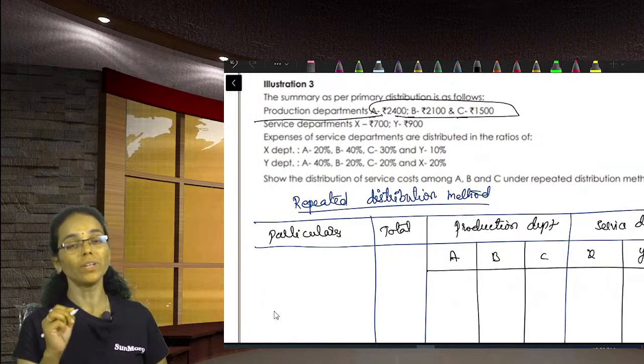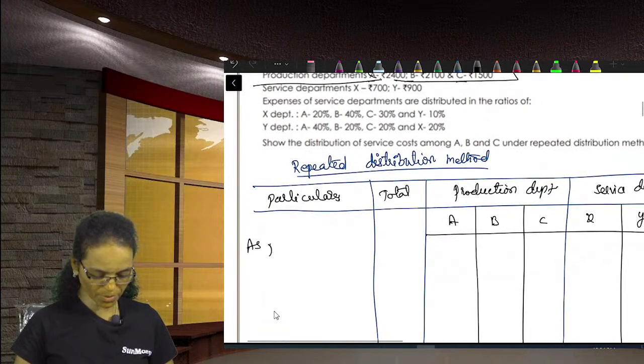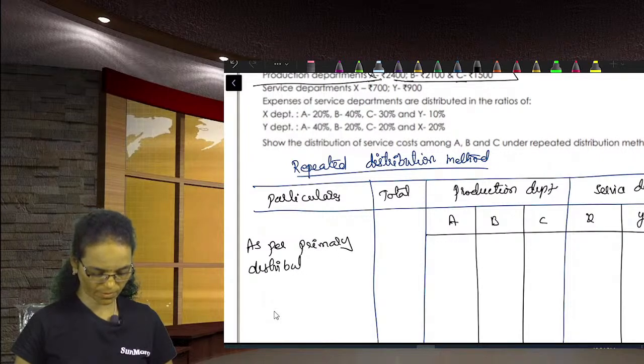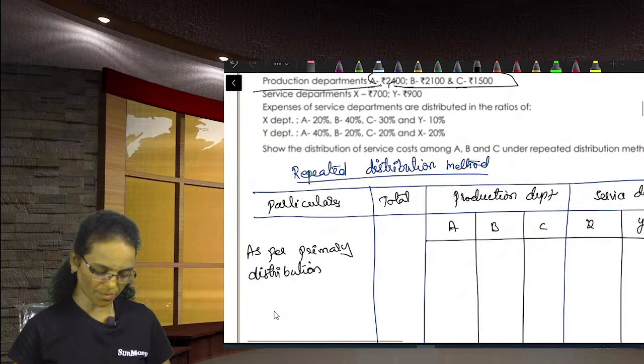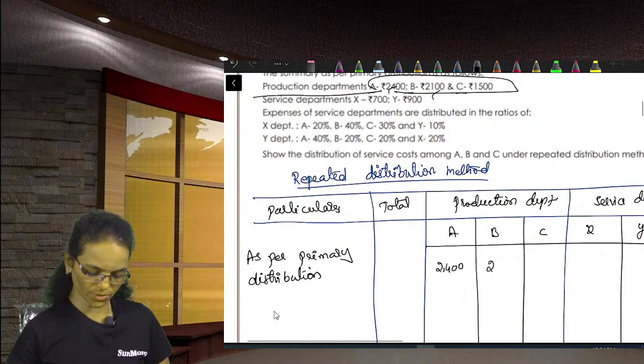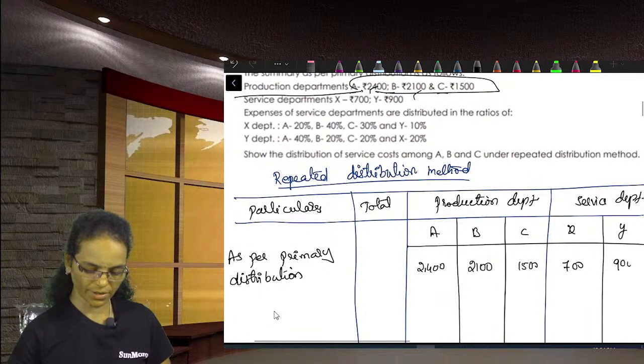This is the amount as per the primary distribution. What is the cost for the primary distribution for A department? 2400, 2100 and 1500, and here 700 and here 900 rupees.